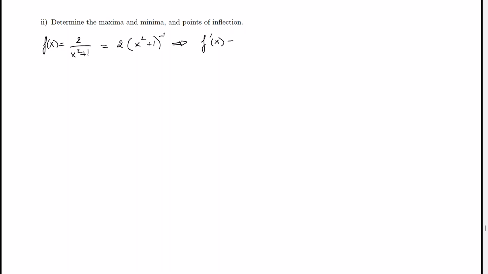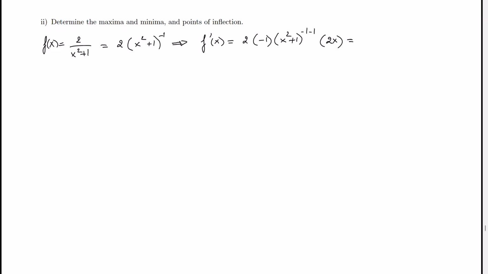Because I'm avoiding the quotient rule, I'm going to have to use the chain rule. So 2 is hanging out. The negative 1 is going to come down from the power. X squared plus 1, it used to have negative 1. It's going to subtract another 1 because of the derivative. And then I need the derivative of the inside afterwards. The derivative of x squared plus 1 is just simply 2x.